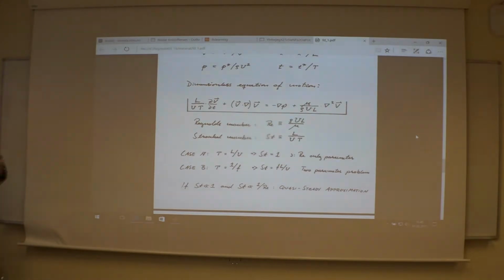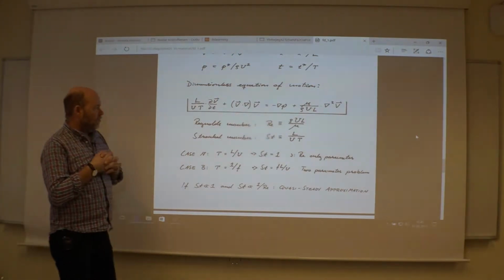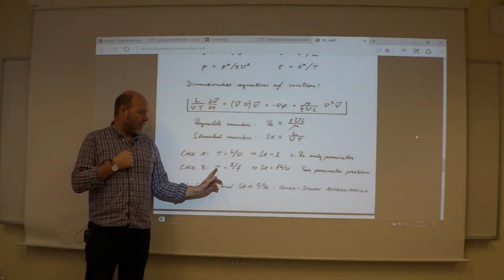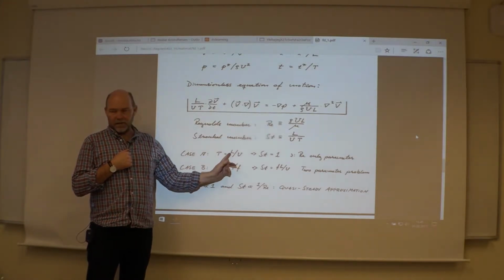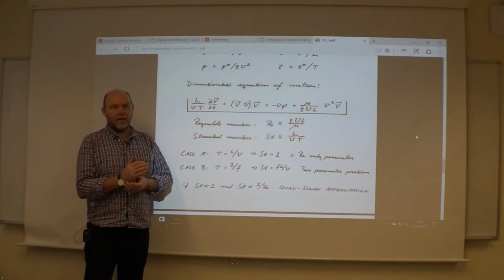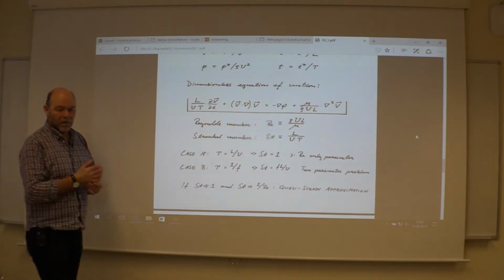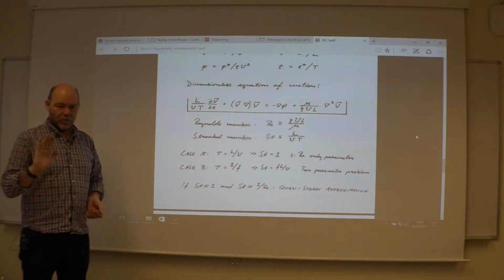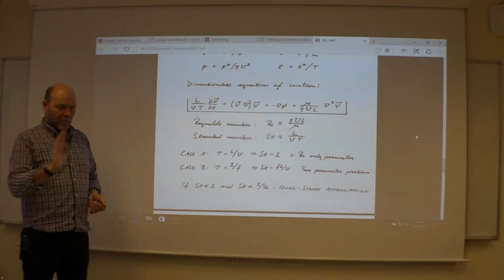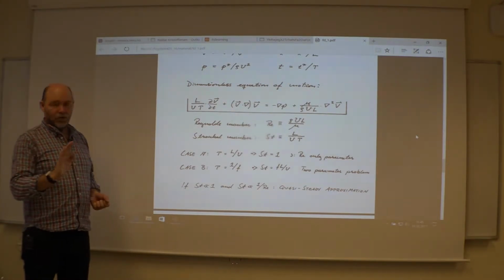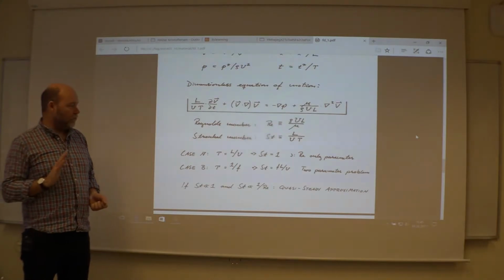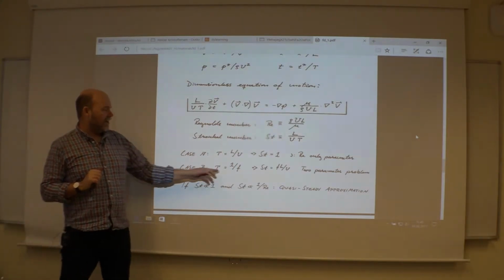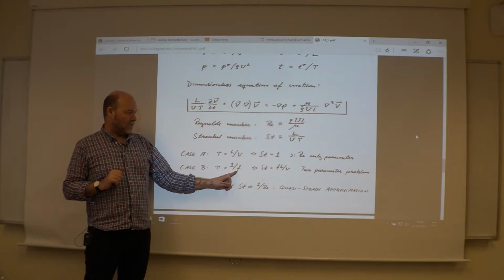But sometimes, in some problems, you might have a different time scale than this L over U. Physically, that means either you are imposing some unsteadiness on a flow with a certain frequency, say a paddle moving, a turbine, something. You know the frequency, it's externally given.